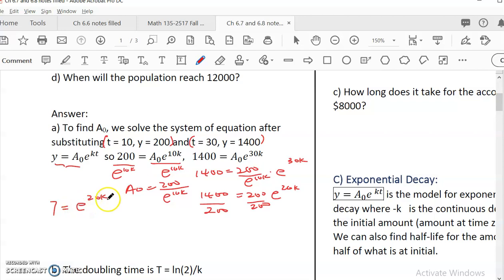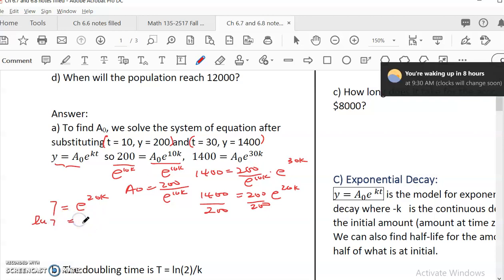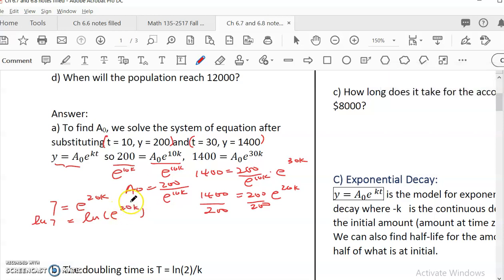Then you want to solve for k, so you take ln on both sides. ln 7 equals ln e to the power 20k. And 20k would move to the front by the log property. So ln 7 is equal to 20k times ln e, which is 1.